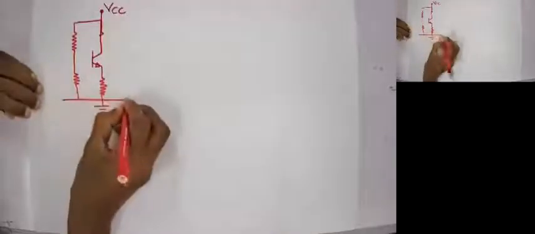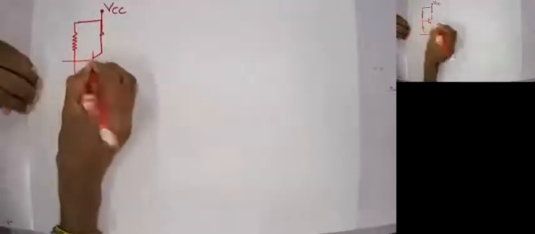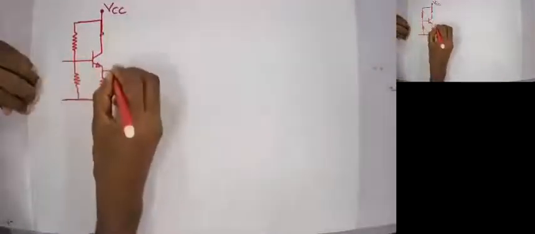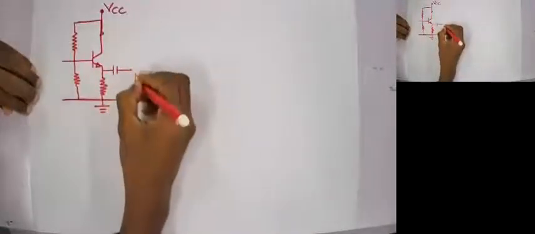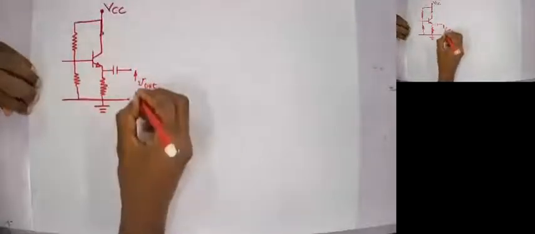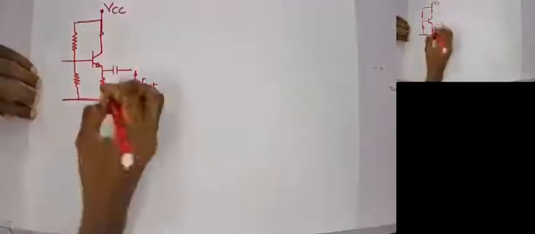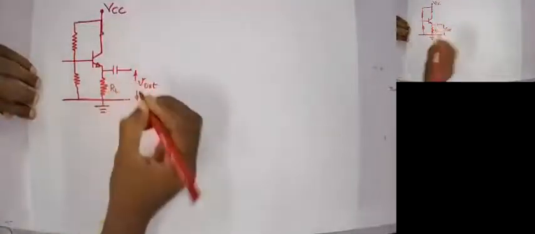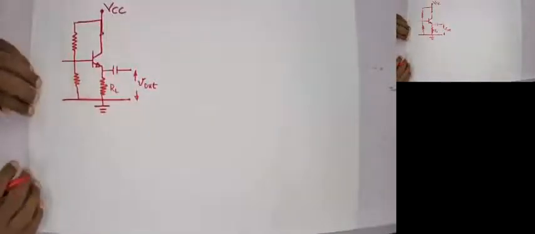And this one, we have a bypass capacitor. This will be our V out, where this is my load resistance or emitter resistance in the common collector configuration, right?